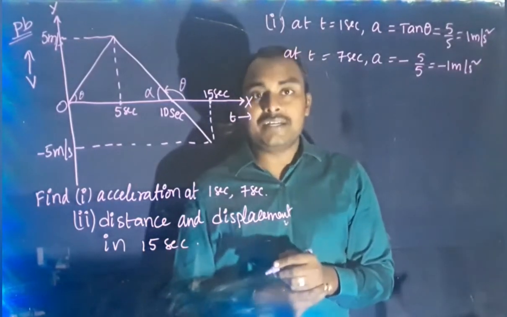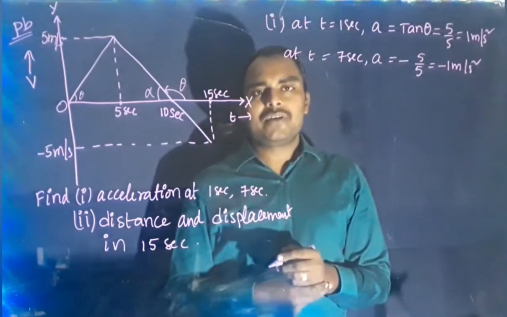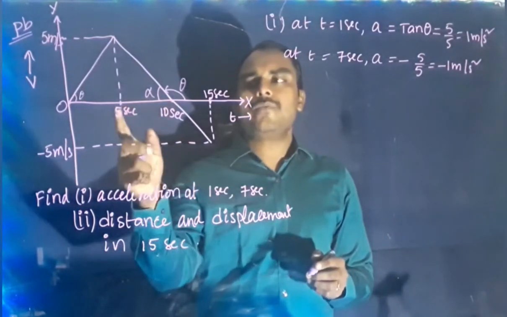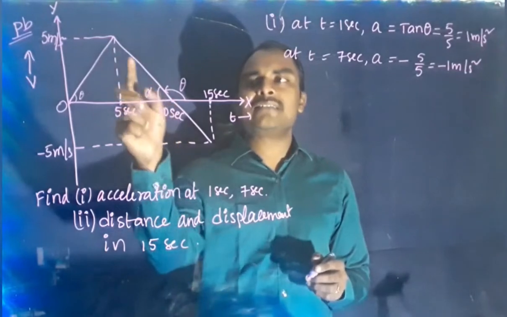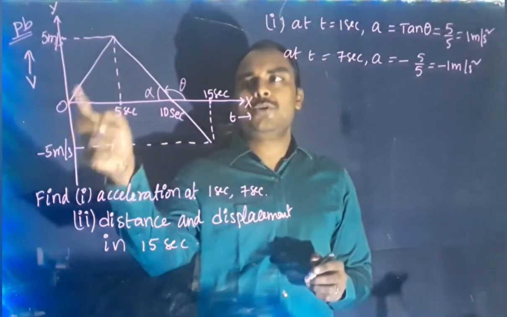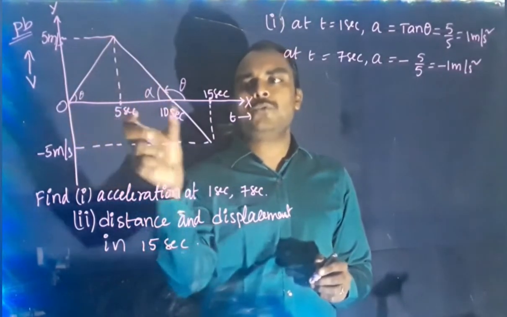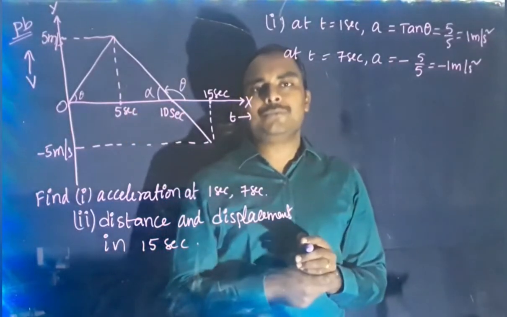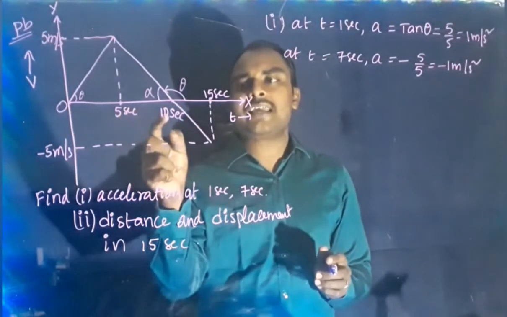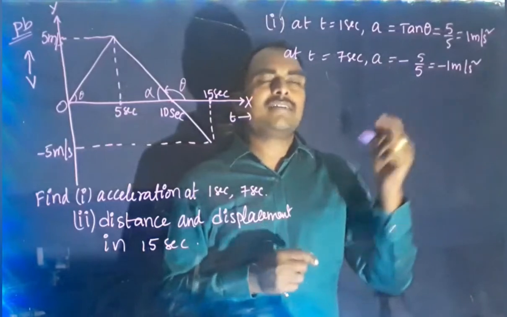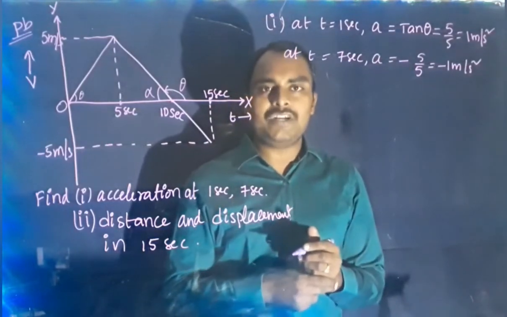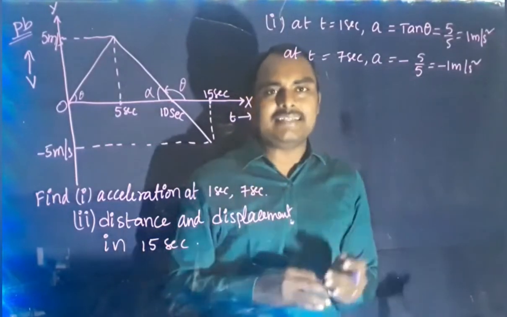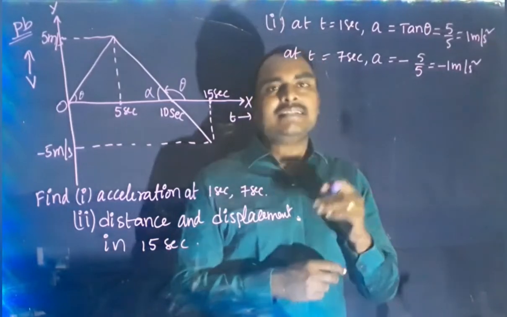Negative acceleration indicates that from 0 to 5 to 10 seconds the velocity is positive, 0 to 5, 5 to 0, but from 5 to 10 seconds the acceleration is negative. Negative acceleration indicates speed is decreasing; velocity is decreasing in magnitude.